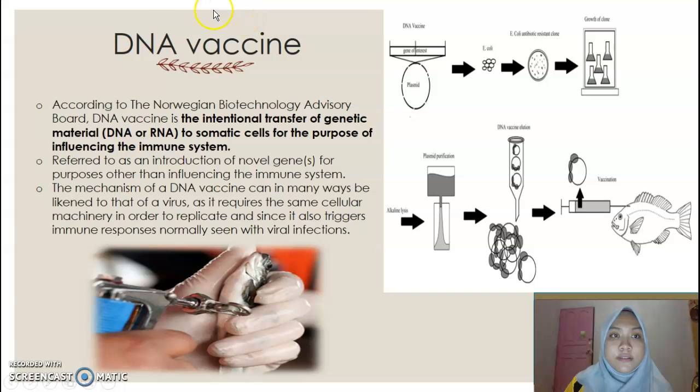So the first treatment that has been used in aquaculture is DNA vaccine. According to the Norwegian Biotechnology Advisory Board, DNA vaccine is the intentional transfer of genetic material, DNA or RNA, to somatic cells for the purpose of influencing the immune system. As we can see in this picture, this is the development of DNA vaccine.